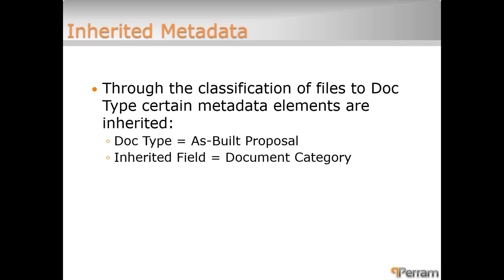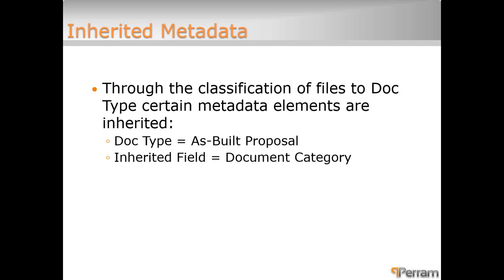As we file things into that correct doc type, there are, in some cases, metadata elements that can be inherited. In this case, we have the example on the screen of an as-built proposal, so we're talking about a major construction project. Once we know something is that kind of doc type, it might be able to tell us what the document category is, for example.